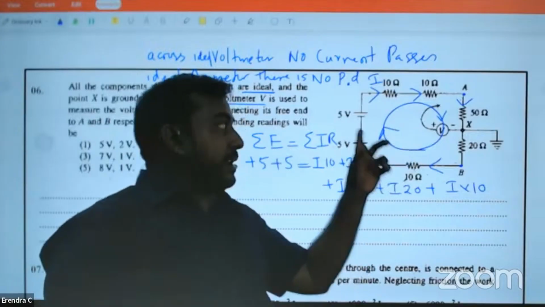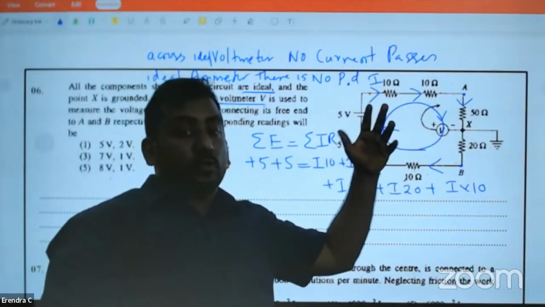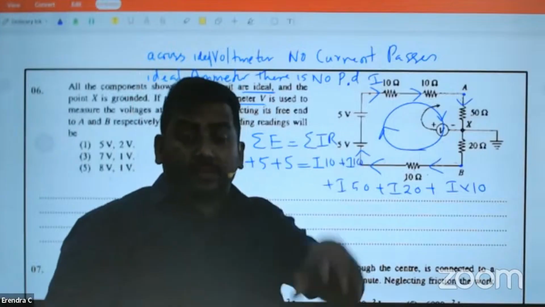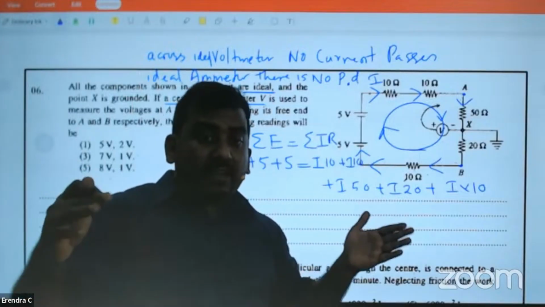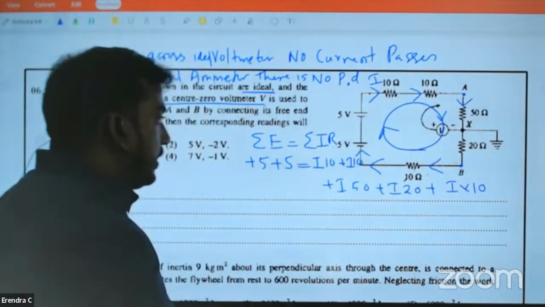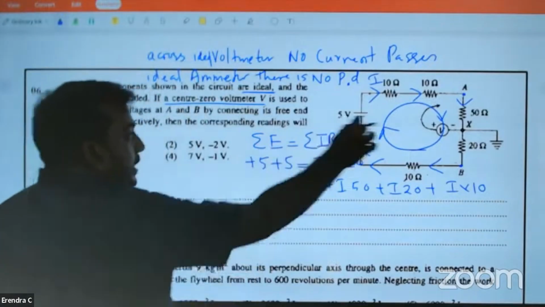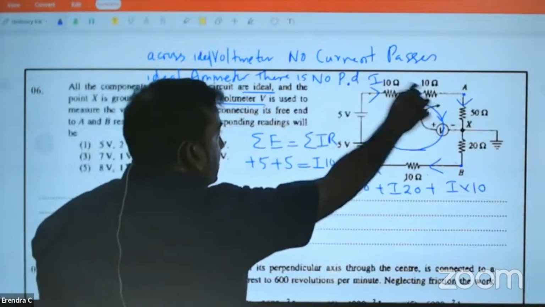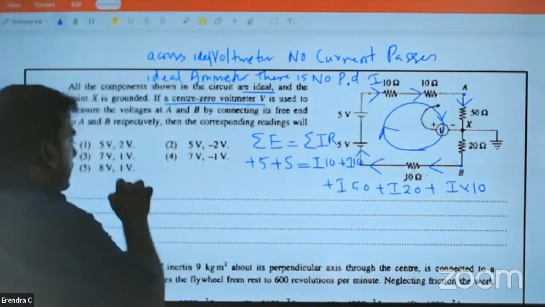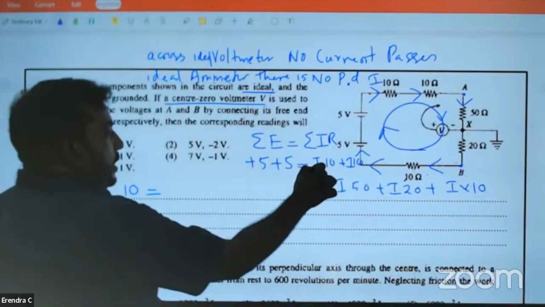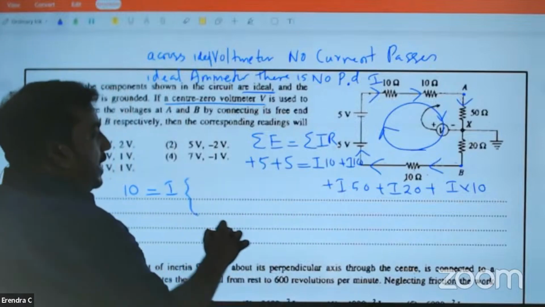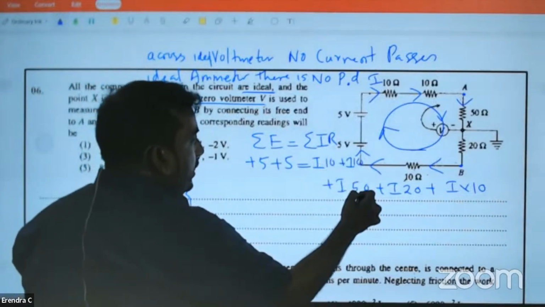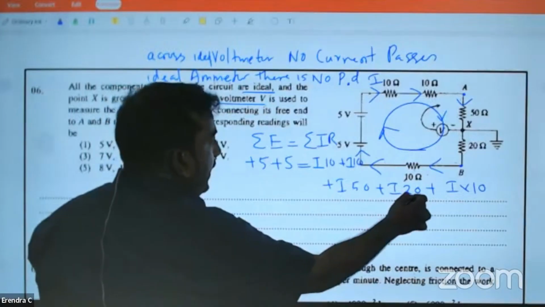You can't just put V equals IR and learn electricity. At your level, you should know Kirchhoff's law. Consider loop minus to plus positive. Loop direction and current direction same, positive. 10 is equal to, common term is I, take I out: 10, 20, 70, 90, 100.